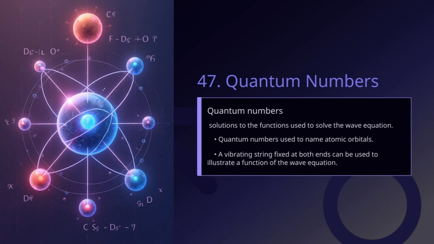So the key point here is that, both in the case of a vibrating string and in atomic structures, solving the wave equation gives us specific functions or solutions. And these solutions are characterized by quantum numbers, which help us understand and categorize the different possible states. In essence, whether we're looking at strings or atoms, the wave equation and its solutions form the foundation for understanding wave behavior across different physical systems.